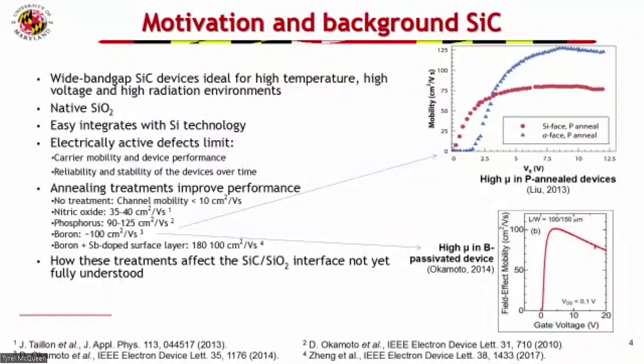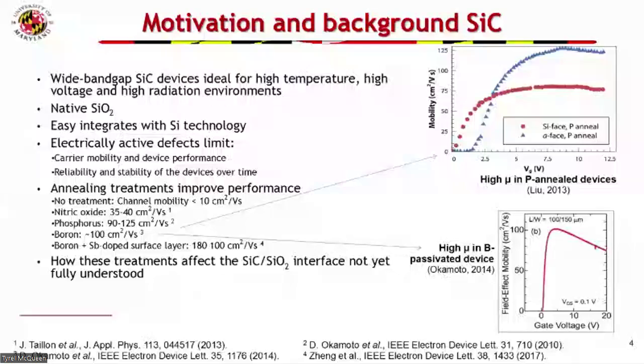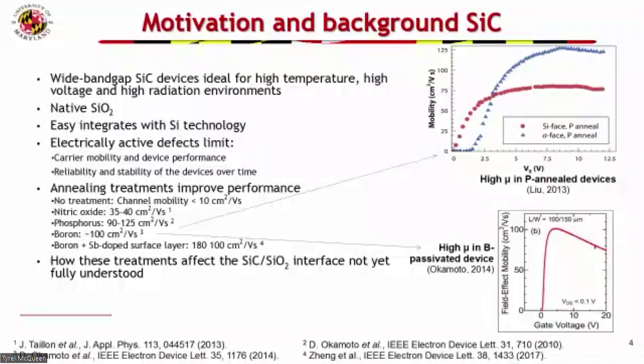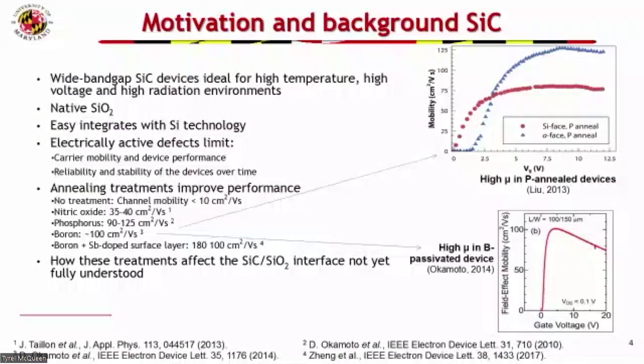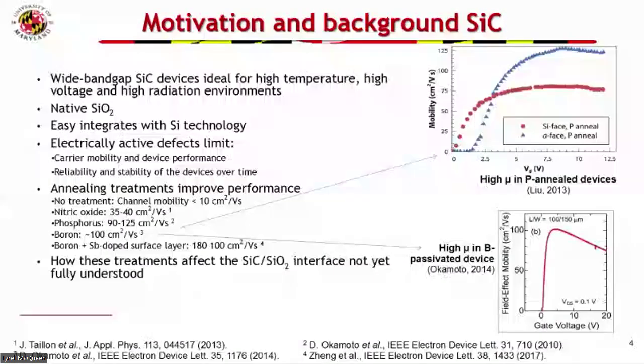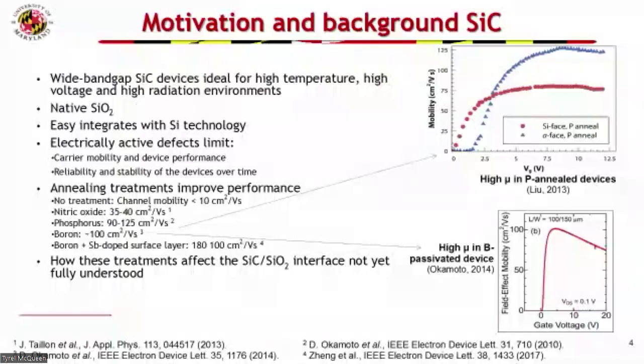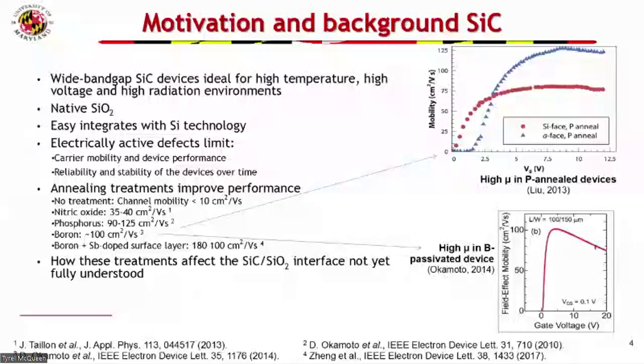And you can see here, this is the graph for the phosphorus, and depending on the face of the silicon carbide, it can improve. This is for the silicon face, and this is for the A face. Yeah, the A face is the blue one.